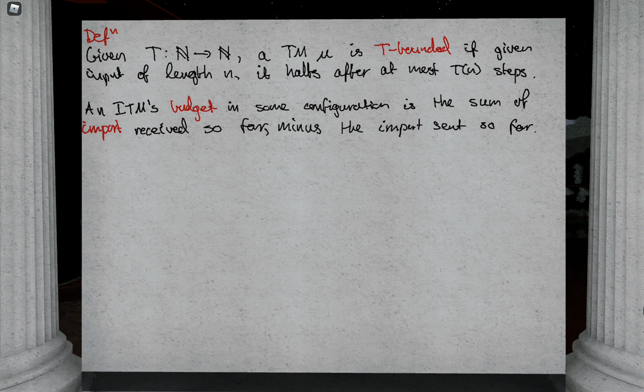Now we can define what polynomial time is going to mean in terms of these pieces. Definition 4. Let t be a function as above.